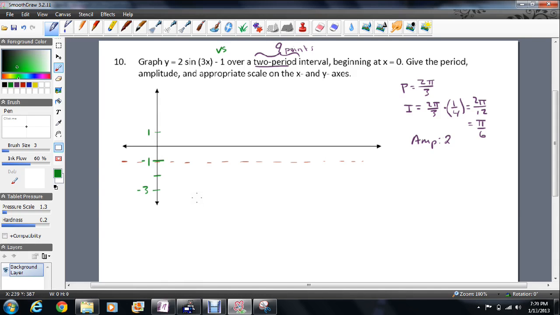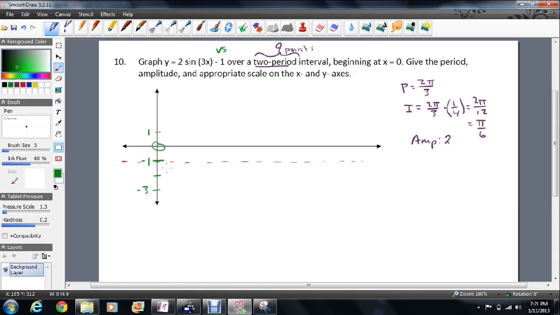I'm going to go ahead and plot my tick marks on the x-axis. Our starting value this time, we don't have a horizontal shift. So we're actually starting right on the y-axis. I want to circle my y-axis.